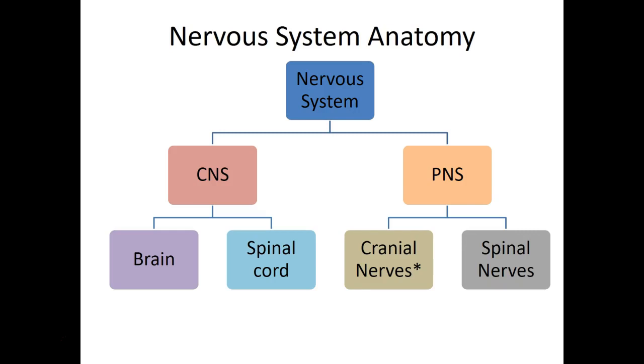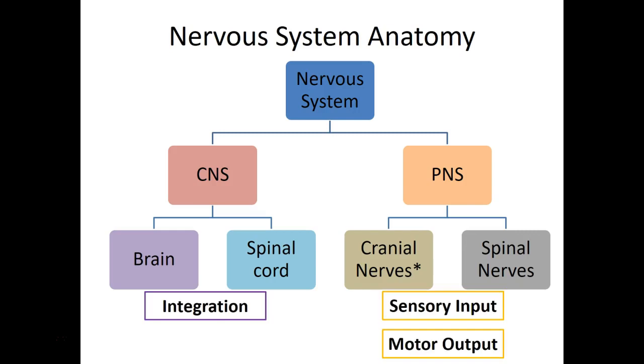Okay. So, like I said, if we think about the anatomy, the central nervous system includes the brain and spinal cord, and the peripheral nervous system is going to be the spinal nerves and the cranial nerves, and basically any neurons that originate or are part of or extending outside of the spinal cord or the brain, which includes the cranial nerves and spinal nerves.